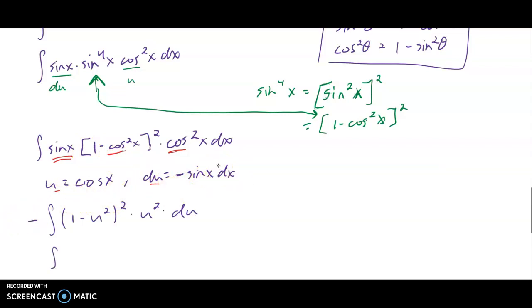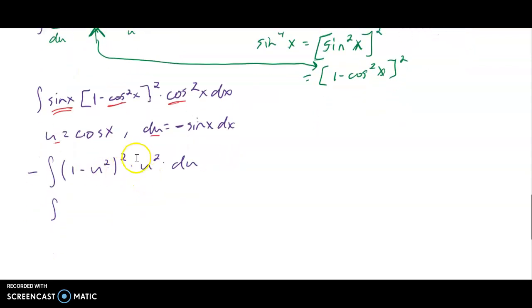So from here, I need to FOIL out and then simplify. I need to change the way it looks first before I integrate. Sometimes we get fancy little nice tricks, but this one we just have to algebraically manipulate the inside of the integral in order to be able to do power rule. So the squared piece gives me 1 minus 2u squared plus u to the 4th, close.